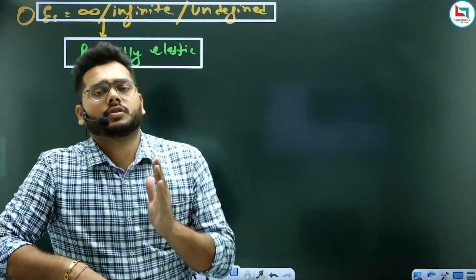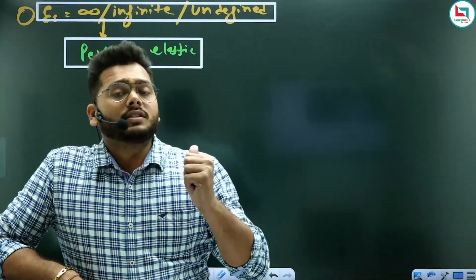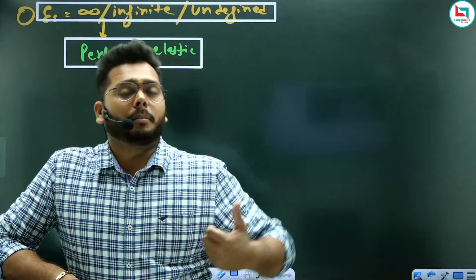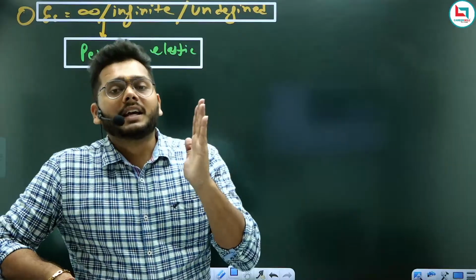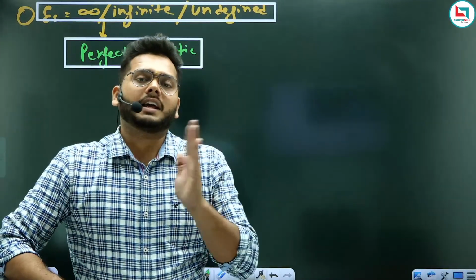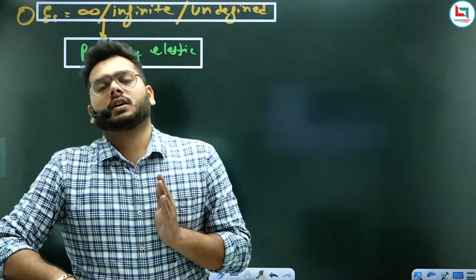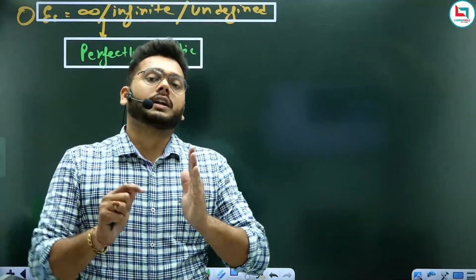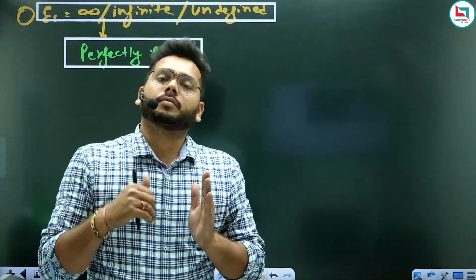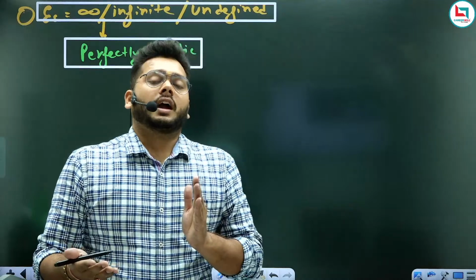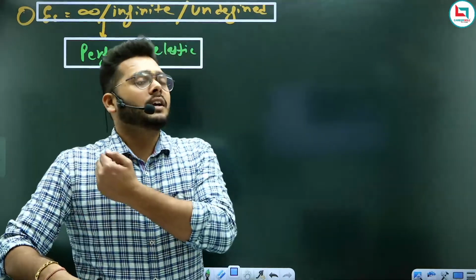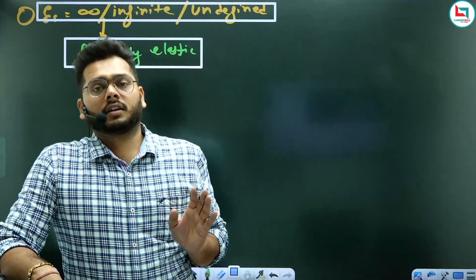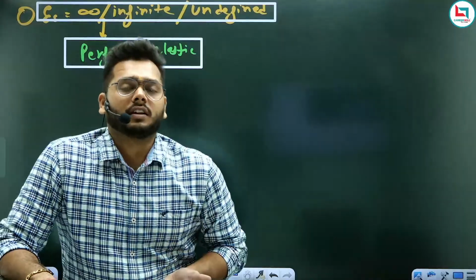But in this situation, price will be constant. Price will not change, but still the quantity supplied by the producer might change, and how much it will change is not defined, because price is not changing.